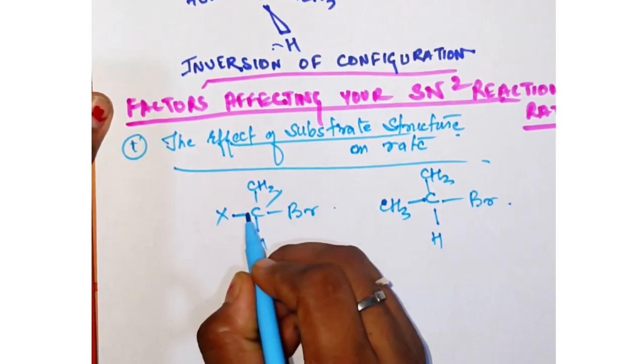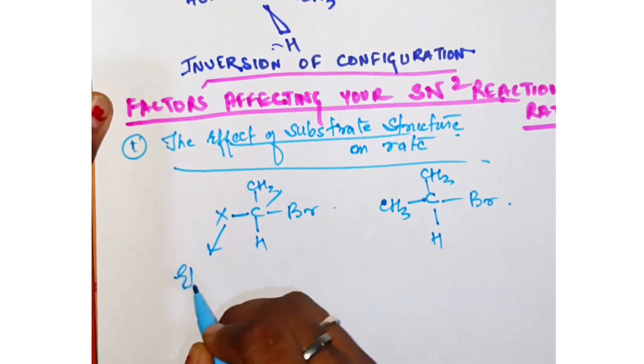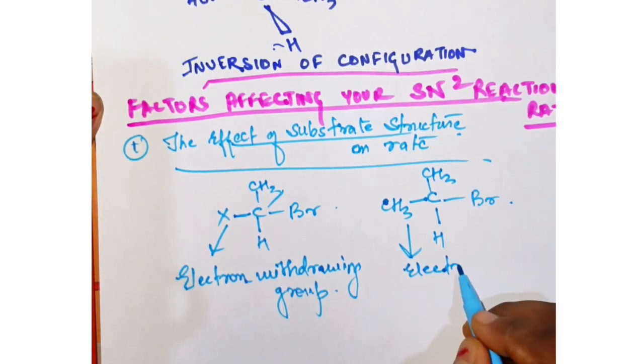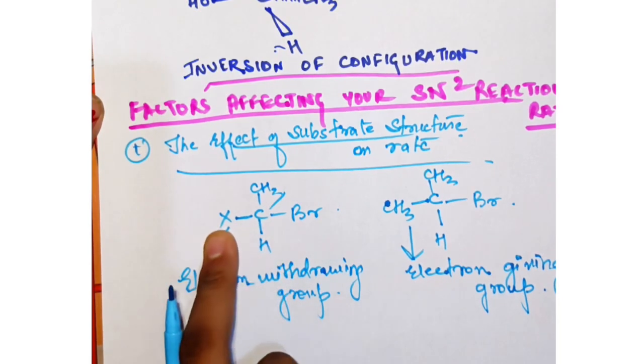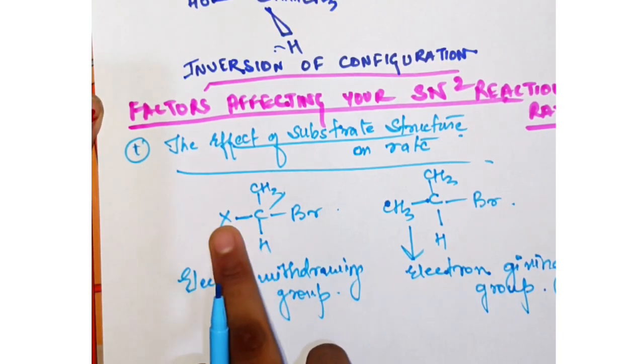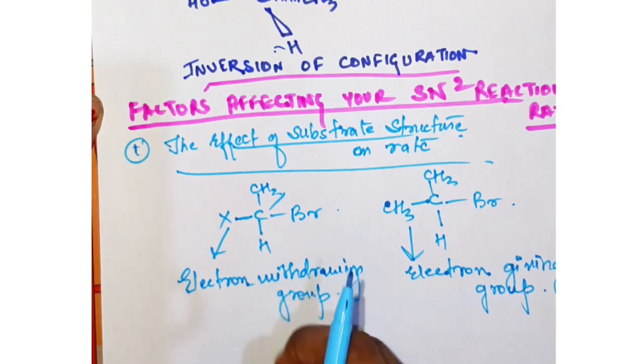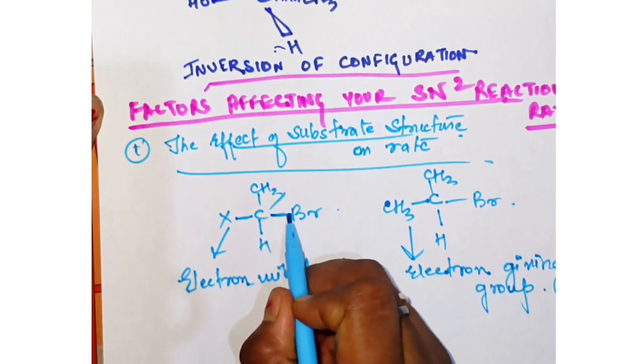So see here, this is an electron withdrawing group. Here, this one is your electron giving group. If it is an electron withdrawing group, it is taking up the electrons of the carbon, making it electron deficient, and the leaving group also goes out easily.